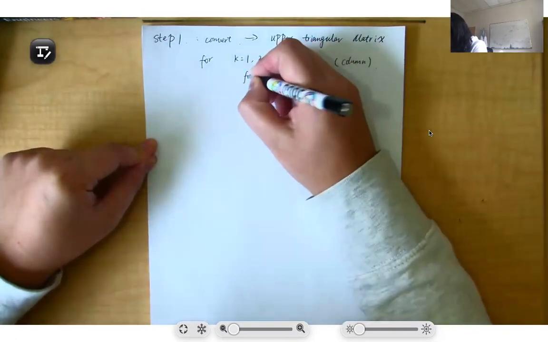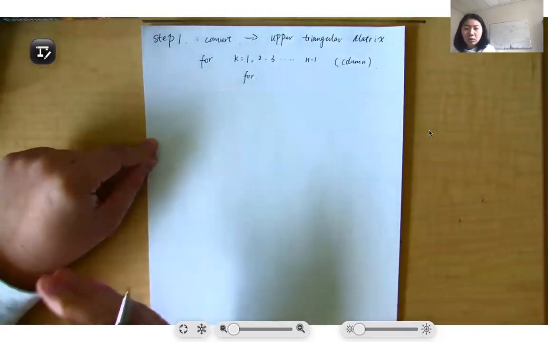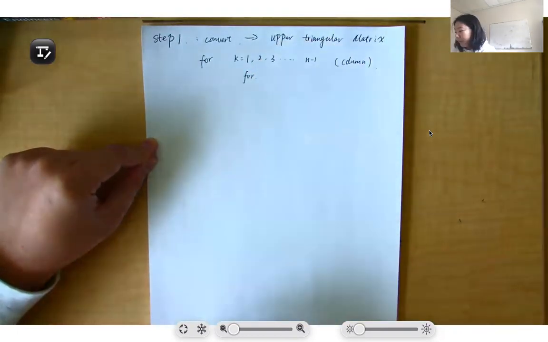And in this loop, for each column, we also need to go through the rows of the system.